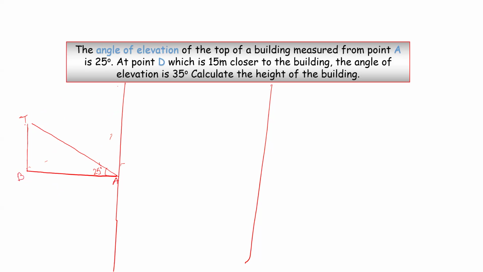Now, the question went on further to say that at point D, which is 15, so somewhere around here, which is D, and it is 15 meters closer to the building. That's the building. The angle of elevation is 35 degrees. Let me redraw that.